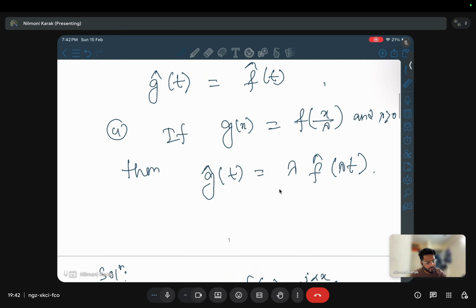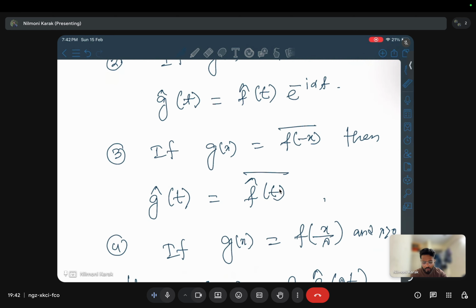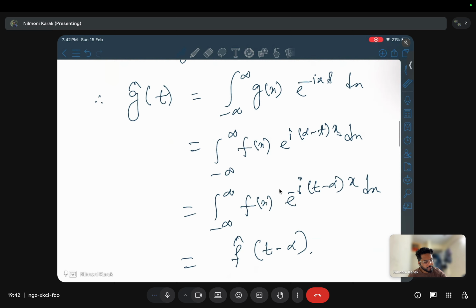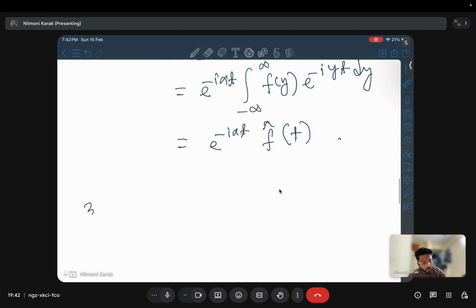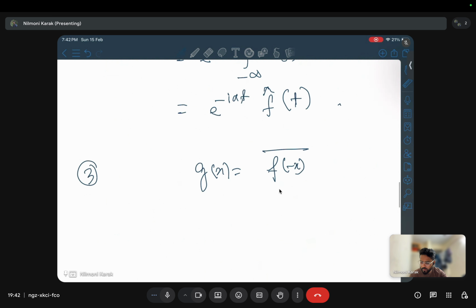Next, g(x) is given as the conjugate of f(minus x).